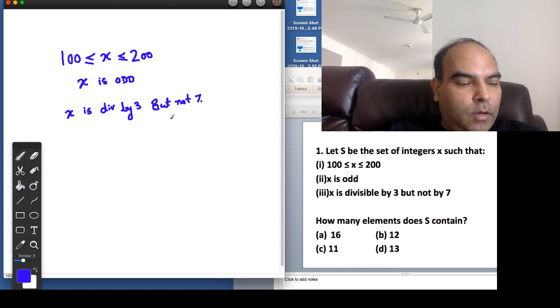So the question is asking how many values exist for x.